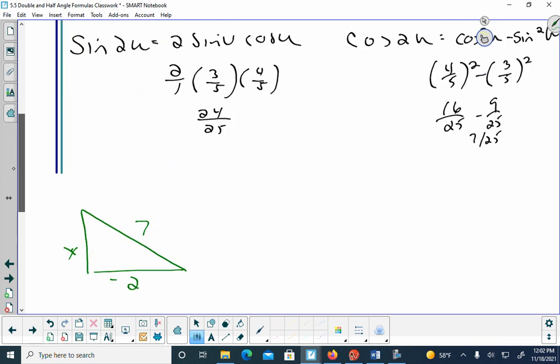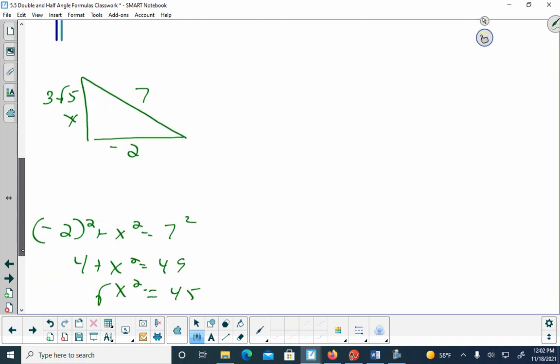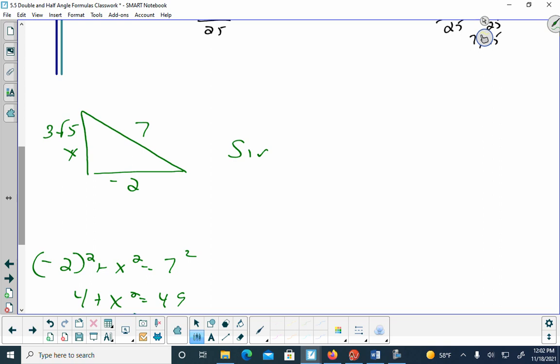And that's positive because it's in the second quadrant. So now I'm just going to write that the sine of u is equal to 3 times the square root of 5 over 7. The cosine of u is equal to negative 2/7.